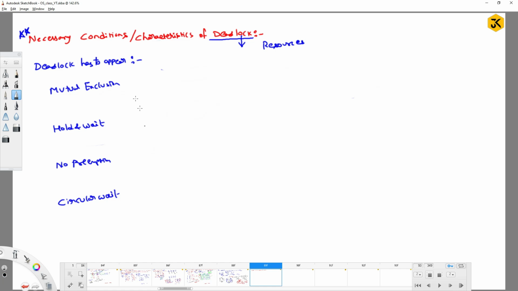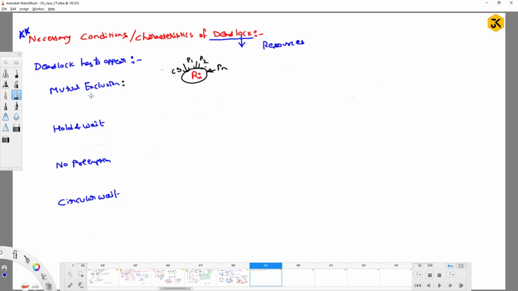We'll explain. Guys, in general, mutual exclusion means only one process is allowed to use the critical section out of all the competing processes. So for example, if I have a resource Ri that can be used by only one process at a time, definitely there won't be any kind of deadlock.